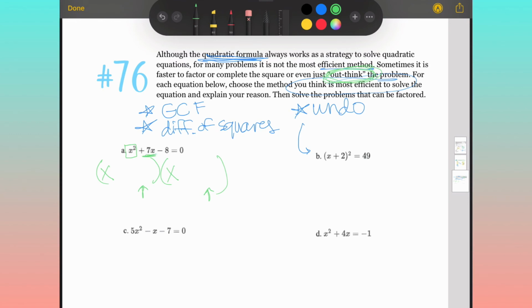So I know that 8 times 1 is 8, and if that 1 is negative, that would get me a +7. And there we go, equals 0. And so now I can easily solve that zero product property. I get x equals 1, x equals -8.